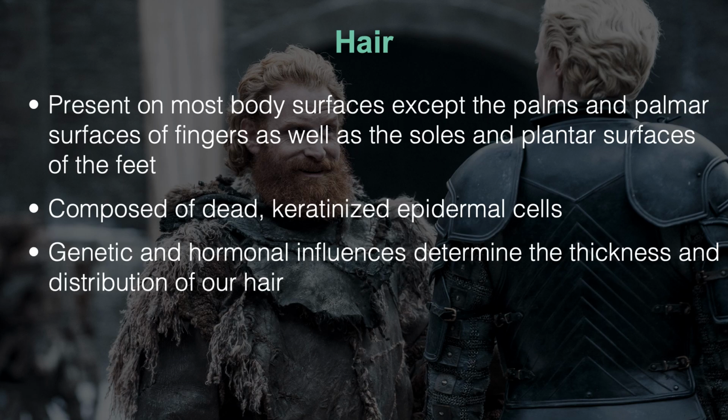Genetic influences and hormones during puberty really affect the thickness and distribution of hair. So beard hair, for instance, that starts to be developed in males during puberty is subject to all of the raging hormonal influences that occur at that time and can have a different shape and structure and color than the rest of a person's body hair. Hence the picture in the back, Dormin Giantsbane having a clearly fiery red beard and blonde hair. Hormonal influences.